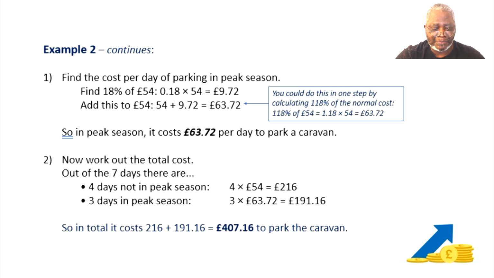And then you have 3 peak days, which is 3 times £63.72, which is equal to £191.16. So in total cost, 216 plus £191.16 is equal to £407.16 to park on the caravan site.